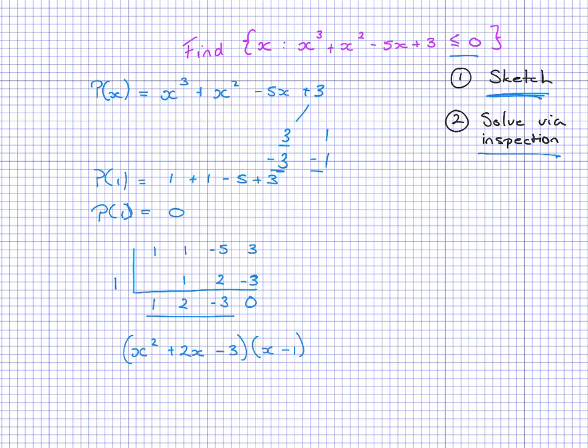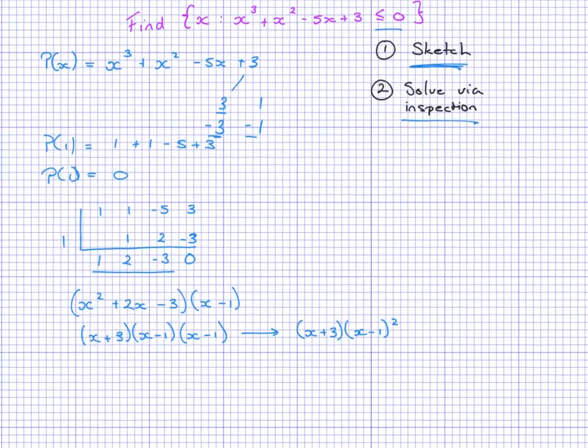So if I can factorize this left-hand set here, I find that I can get x plus 3, x minus 1, and the other factor is x minus 1 as well, which leads me to the fact that I have a repeated factor, which means it's going to be a turning point on the x-axis.